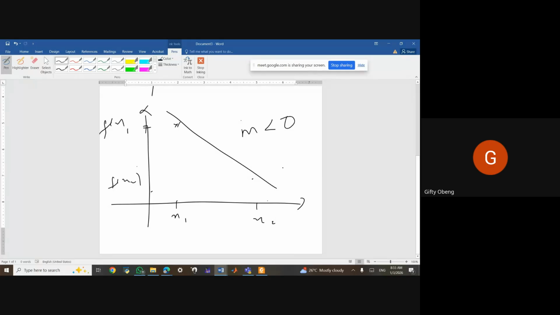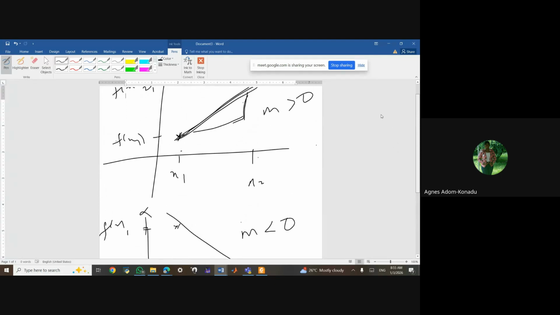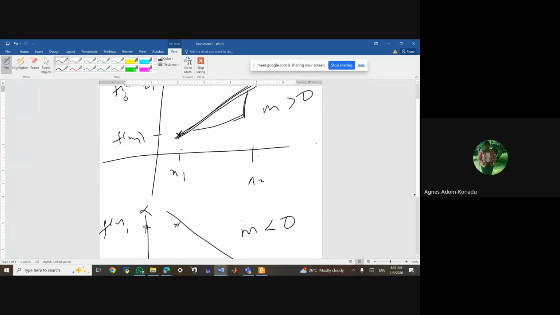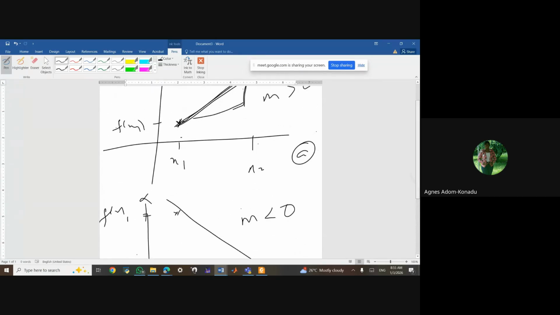So this is a decreasing function and this is an increasing function. If I call this one graph B and the other one graph A, my graph A is an increasing function and my graph B is a decreasing function.